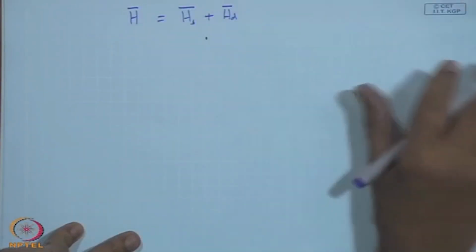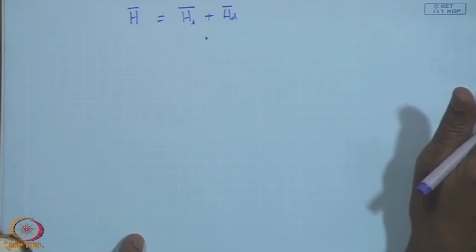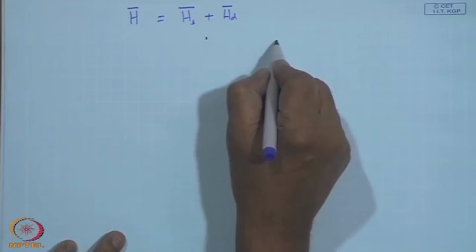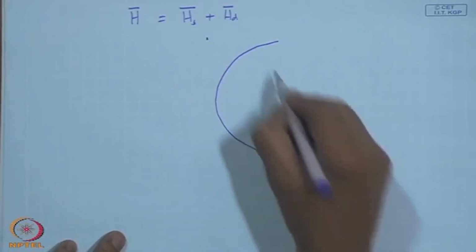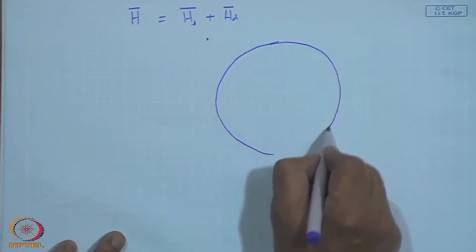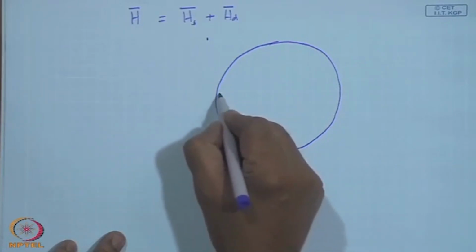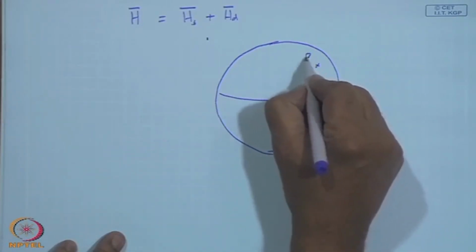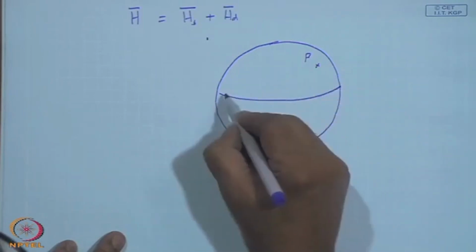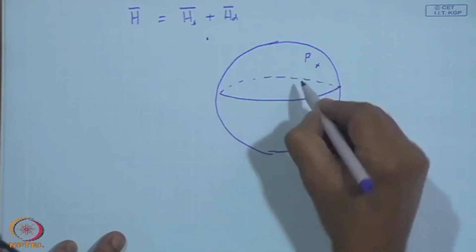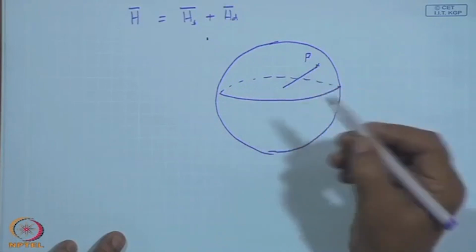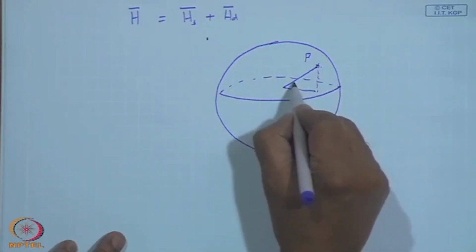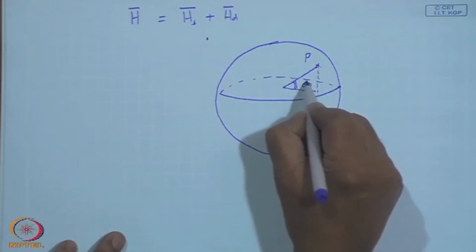Now, before we go to that, we should know a little bit about different angles. If you have earth and there is the equatorial plane, and if I consider any point P, the angle between the line joining the point and its projection onto the equatorial plane is the latitude phi.